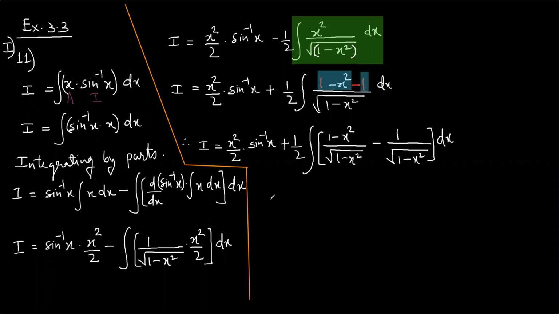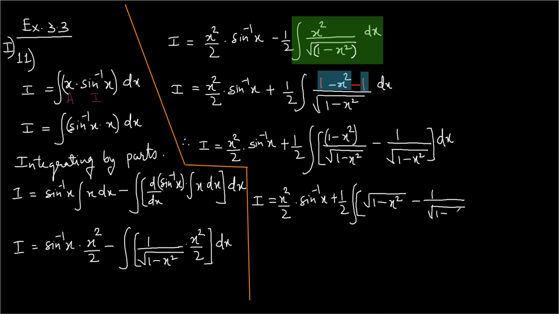Okay, so the next step I have I equals x square by 2 sine inverse of x plus 1 by 2. And see here, what do you have? You have 1 minus x square divided by square root of 1 minus x square, so you are left with integral square root of 1 minus x square for this part, and here 1 upon square root of 1 minus x square dx.